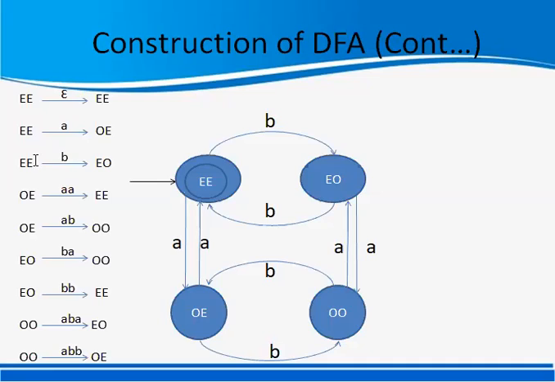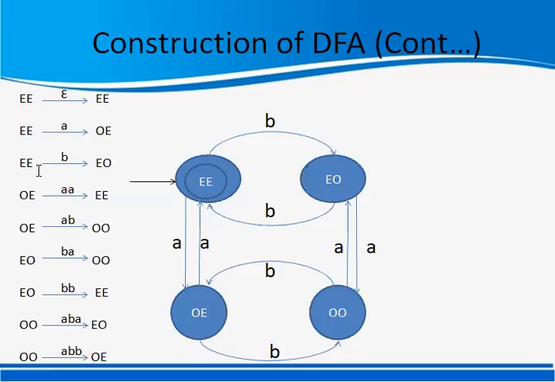So from state EE on input B, our next state will be EO.